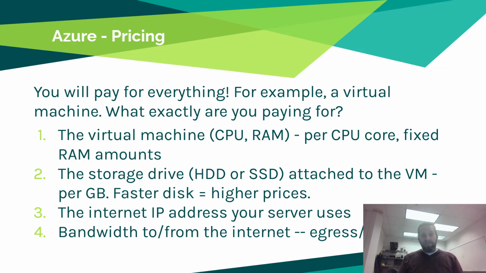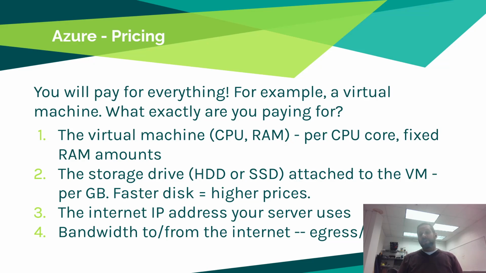Third, you're going to be paying for internet and IP address. So if I want to host a public service, I need an IP address. Specifically, IPv4 addresses are scarce. You're going to end up paying about $4 to $5 a month for an IPv4 address to use.